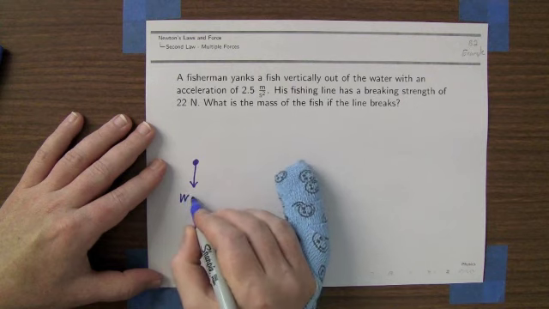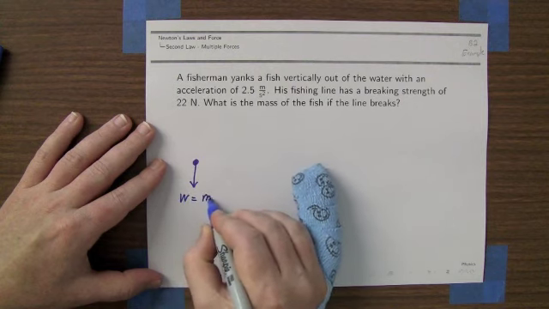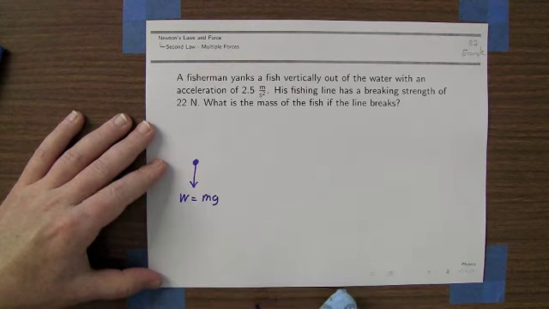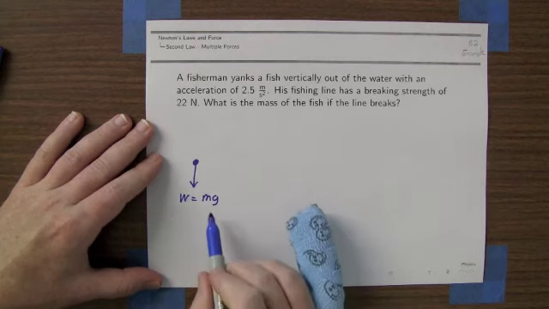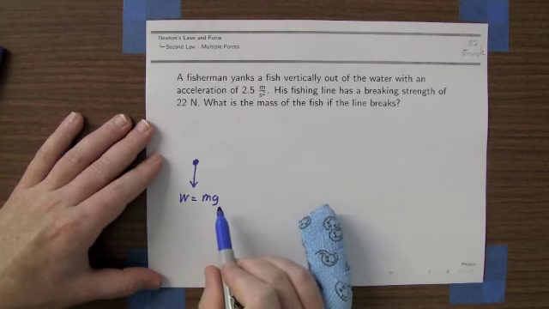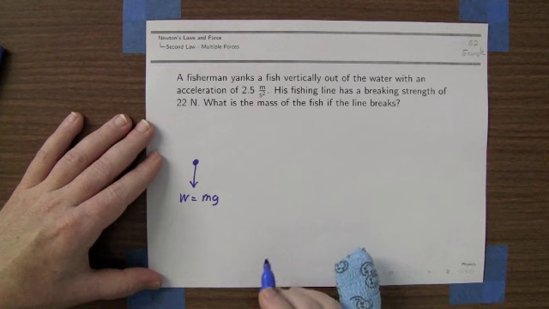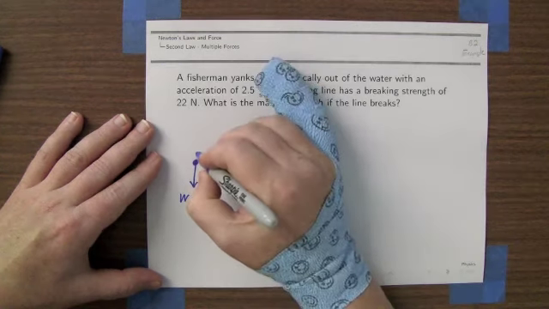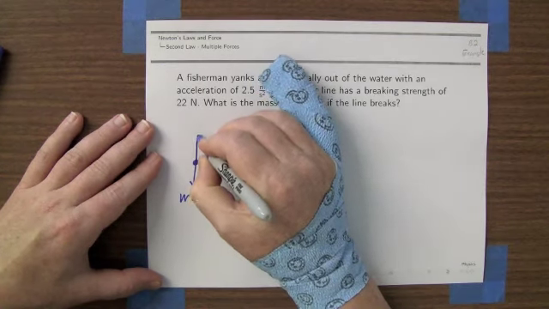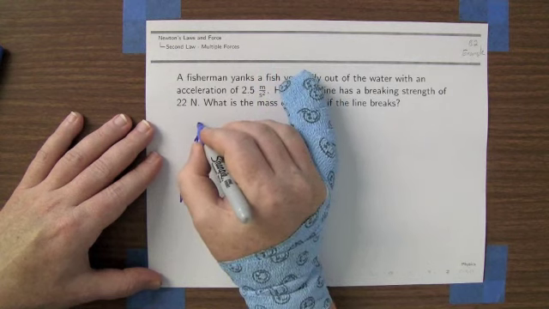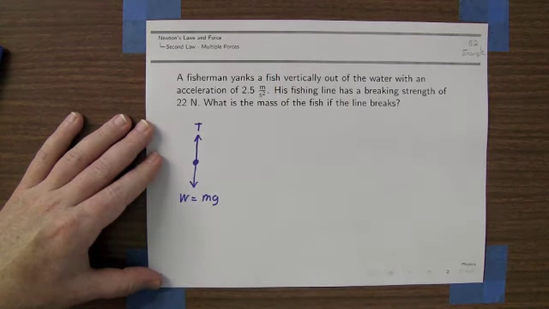So I'll call it W, and that is equal to mg. We discussed this previously, that the weight of an object is its mass times the acceleration of gravity. And then the other force in this case is the fishing line, which is pulling the fish upwards, and we'll call that T for tension, the tension in the line.